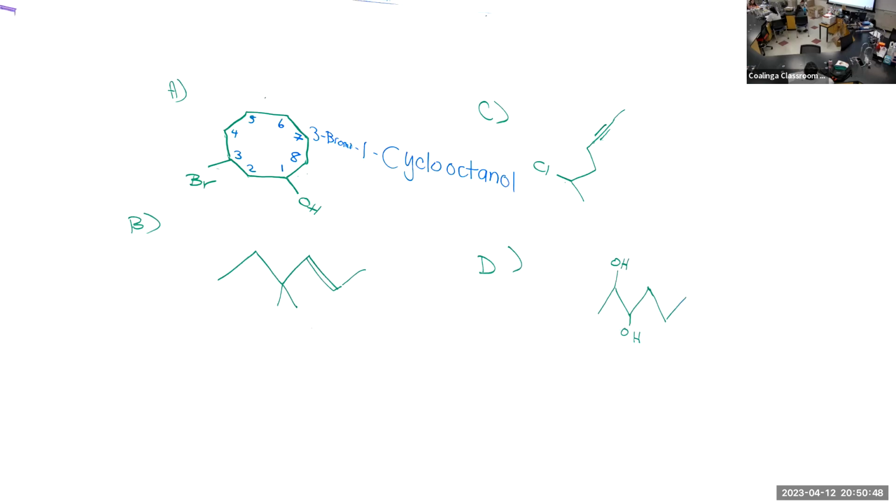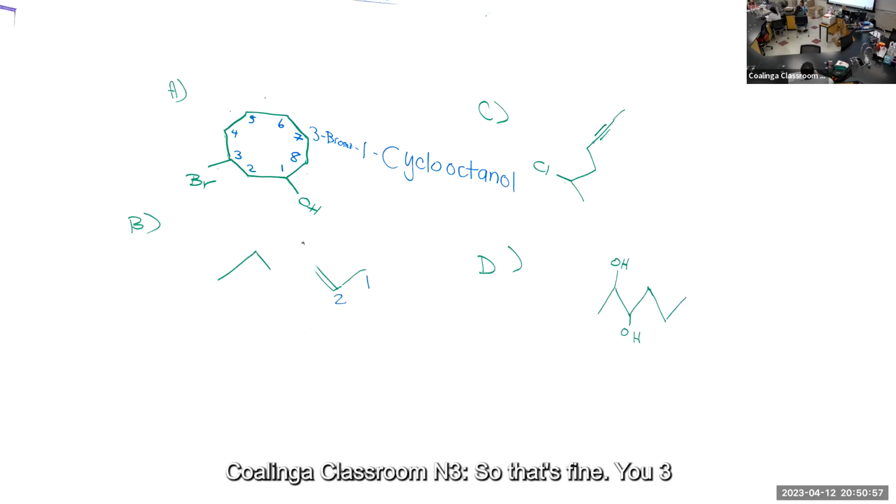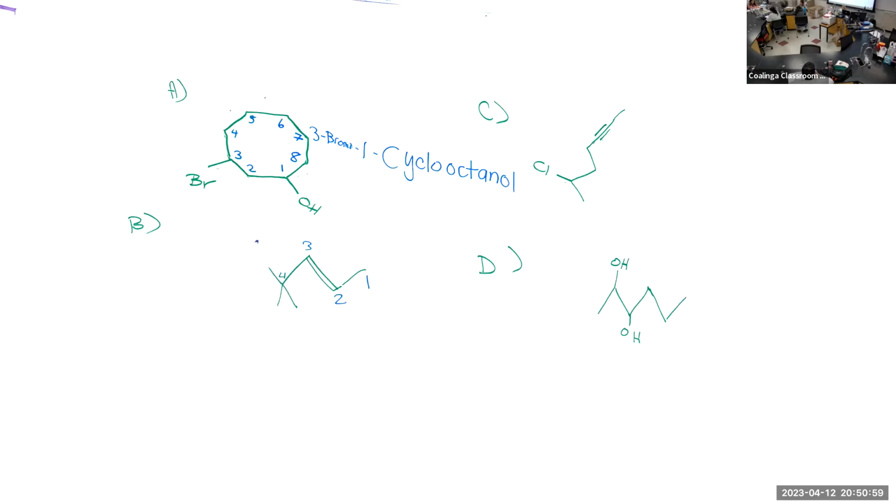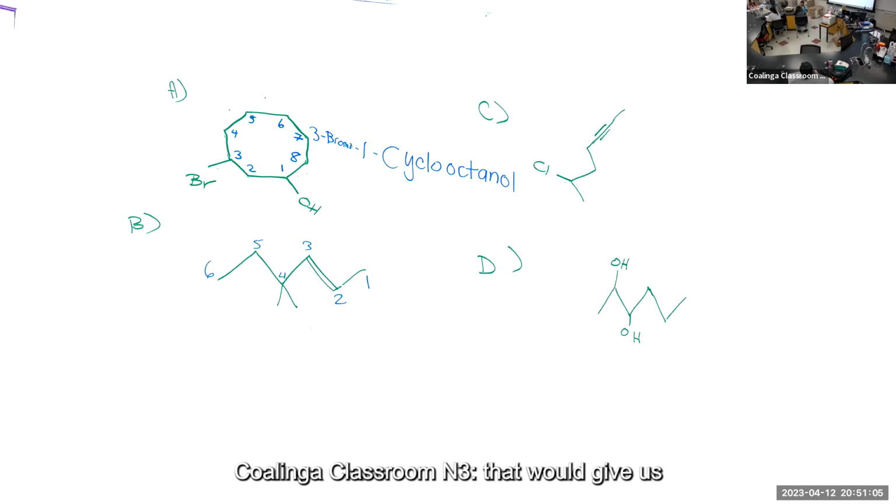Left or right? Right. Okay. So that's 1, 2, 3, 4, 5. That would give us our lowest number. We get something starting off with 2. If we started from the other side, it would start off at 3.